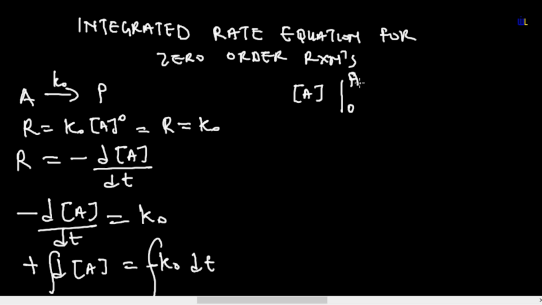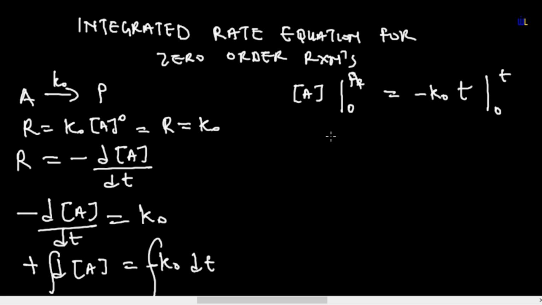So let's use A of F here. And then, if you integrate a constant, it is going to still remain the same, so minus k0, but integrating the dt is going to give us t for a given limit of initial and final value.